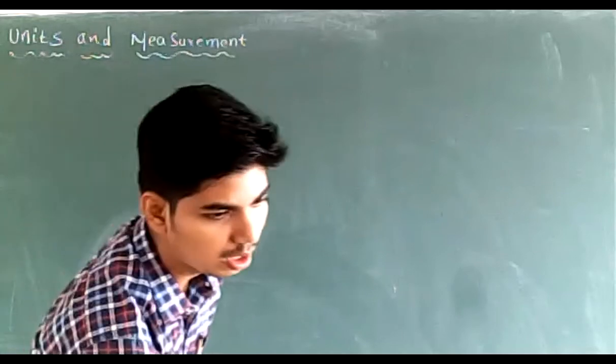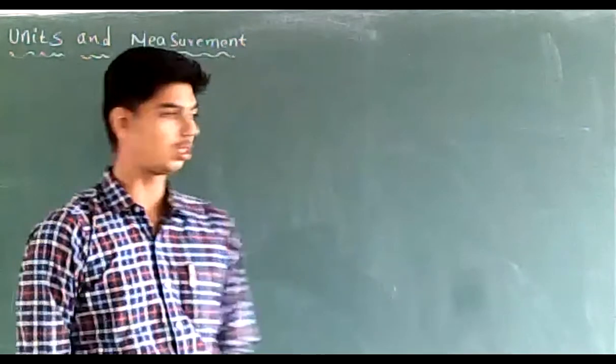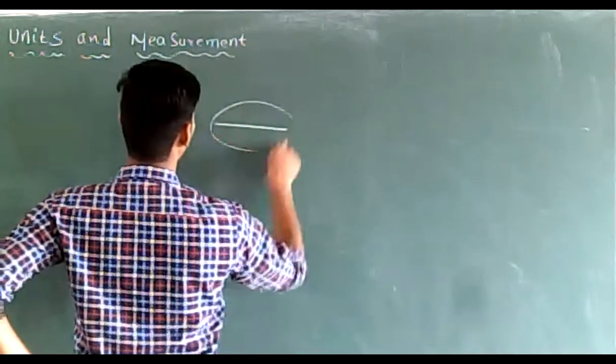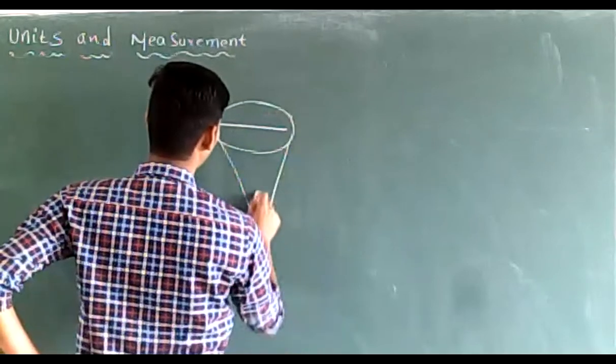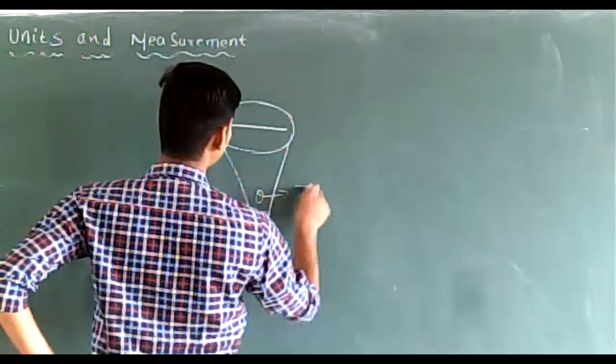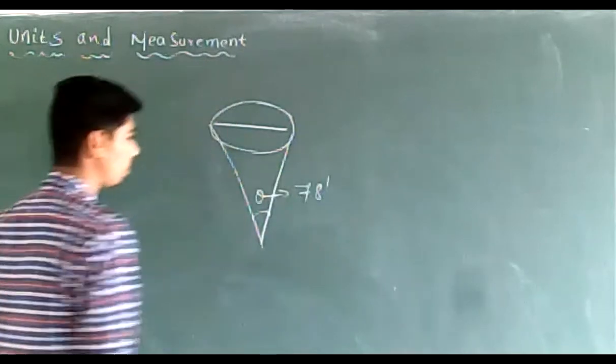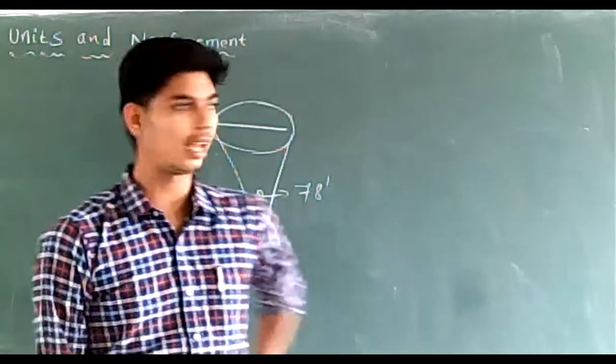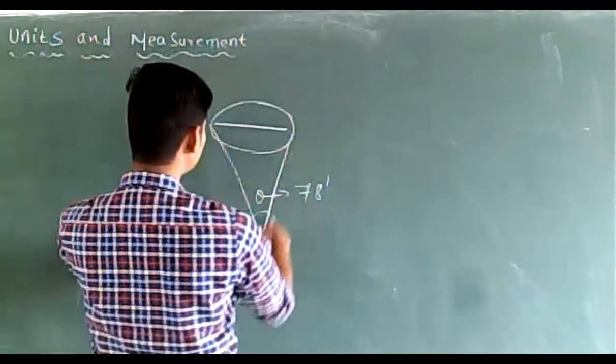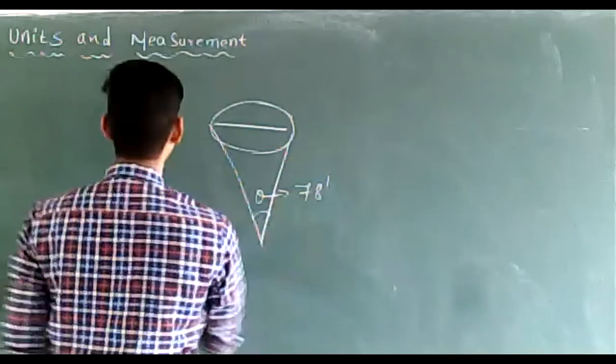Suppose the angle is given in minutes. Suppose the diameter of some planet subtends an angle of, say, 78 minutes.